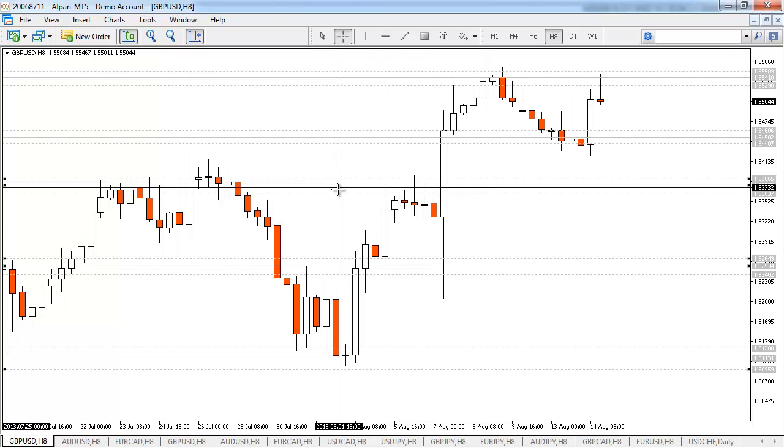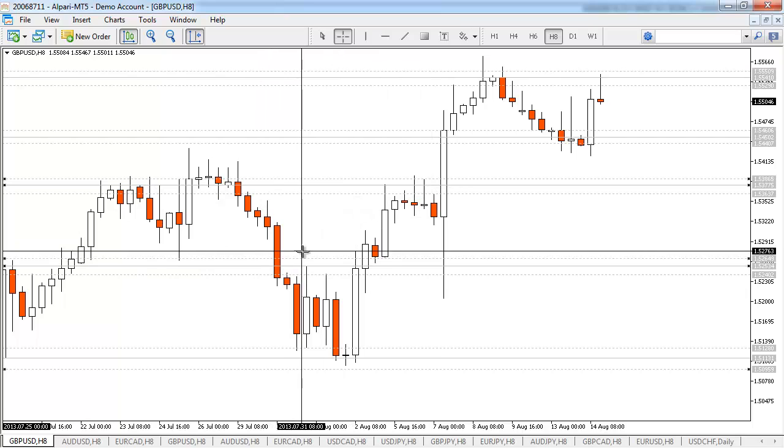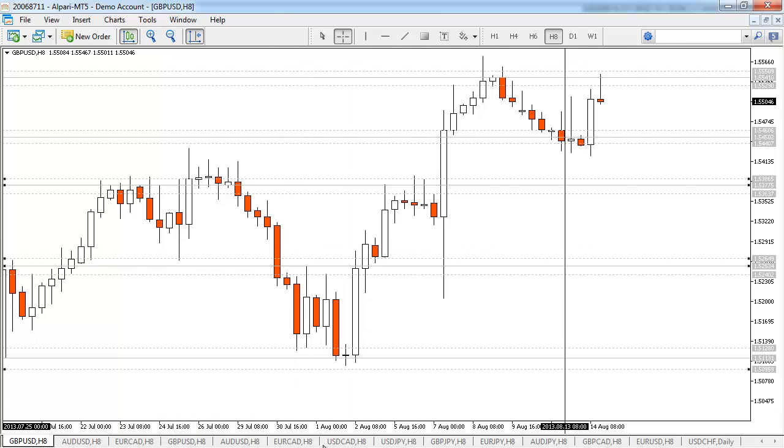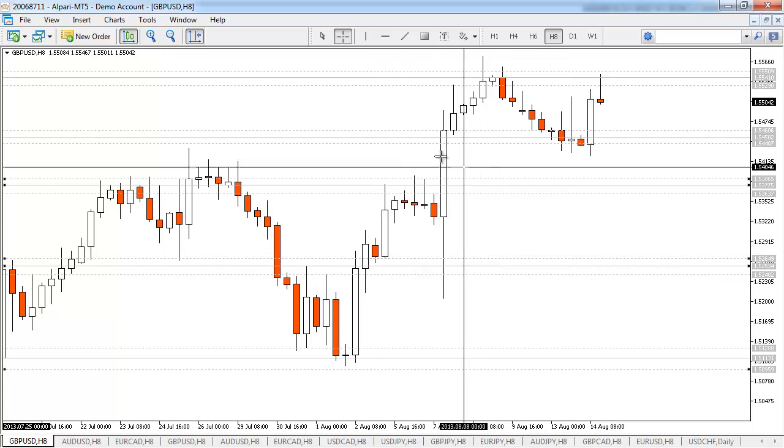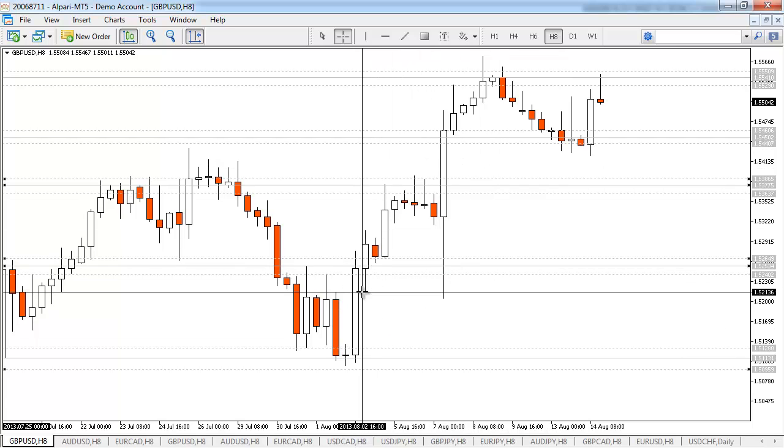So if you have support resistance every 50 pips, let's say, on USD CAD, because USD CAD in particular moves pretty slow. If you have support resistance every 50 pips on USD CAD, and then you have it every 50 pips on EUR/JPY, the ones on EUR/JPY are going to be so close together it's untradeable. So it depends on the chart.